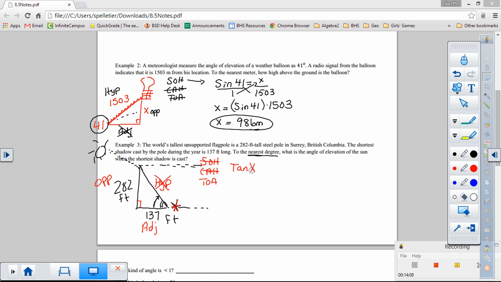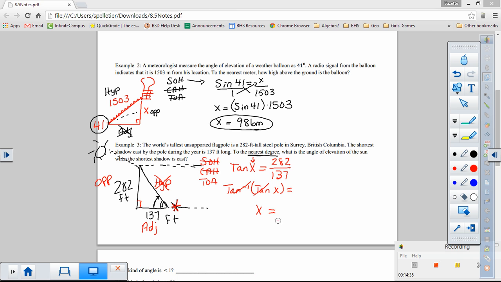The tangent of angle x is equal to opposite, 282, over adjacent, 137. I need to undo tangent because I'm trying to get x by itself. So I'm going to multiply by the inverse tan so that they cancel and I'll be left with x.